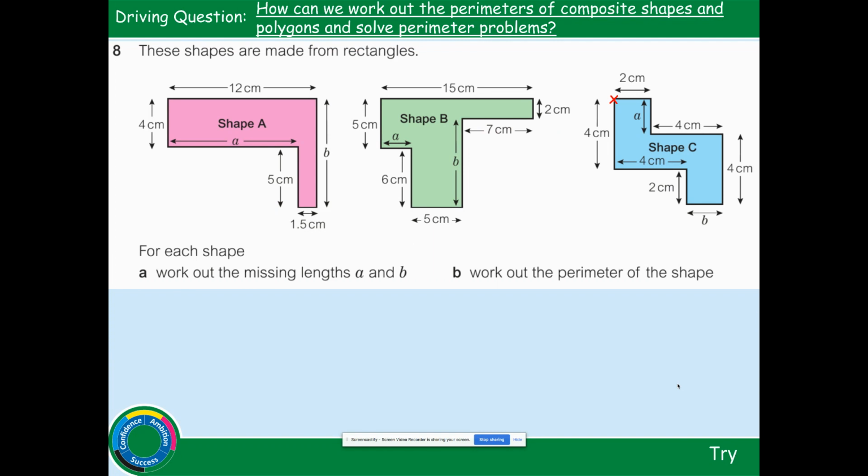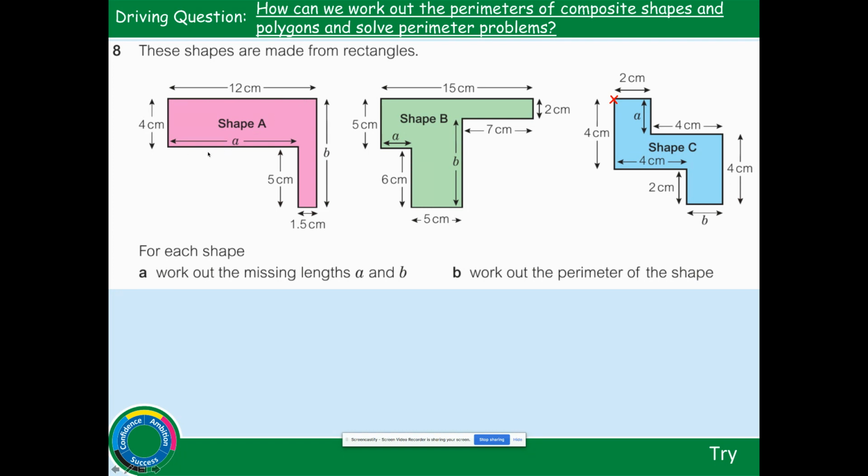Okay, have a go at these on your own. Just think about it carefully, what you do know, and use what you know to find out what you don't know. So for example, for this shape A, you're finding length A and length B. Just look, you've been told this long horizontal line is 12.